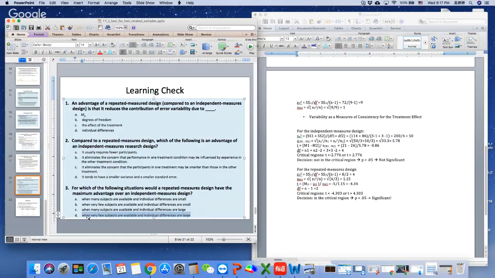So the answer should be D, because we need fewer subjects in the repeated measure design, and the individual difference has less influence on the significance level, right, compared to independent measure design. So we finished this chapter.